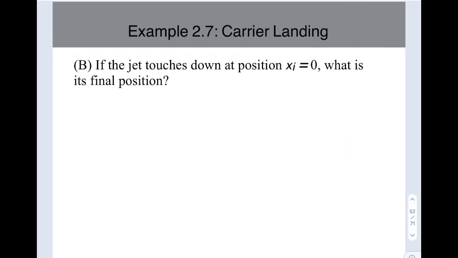Part B, if the jet touches down at position x equivalent to 0, what is the final position? So now we want to know the final position of the jet.